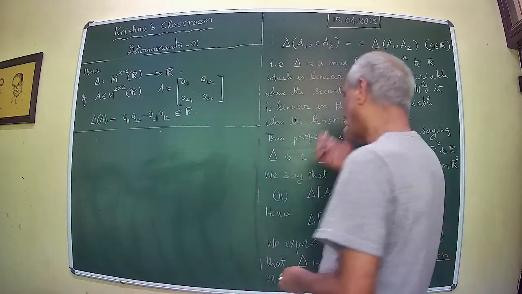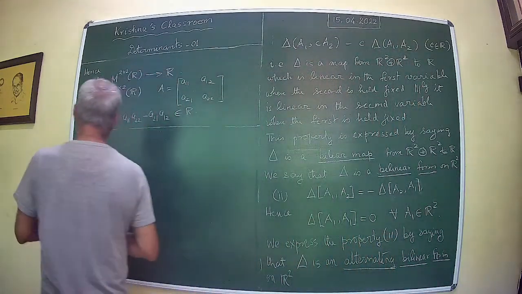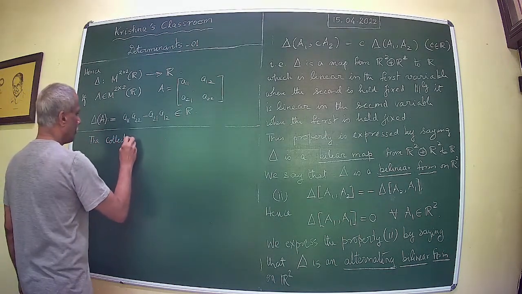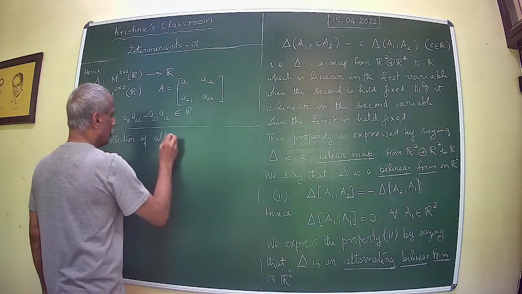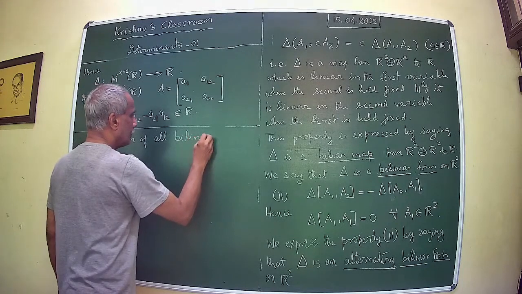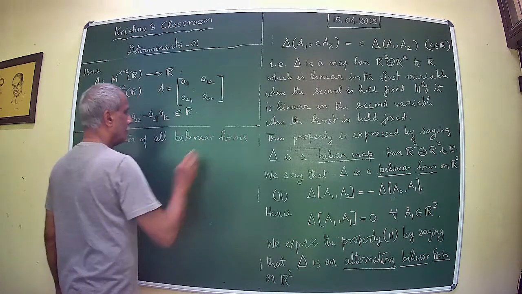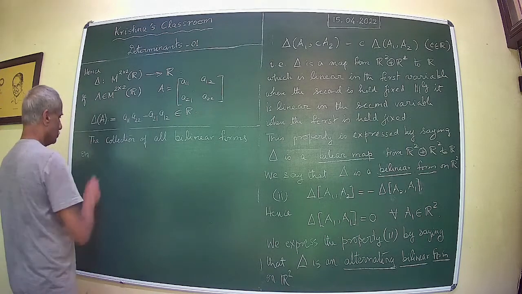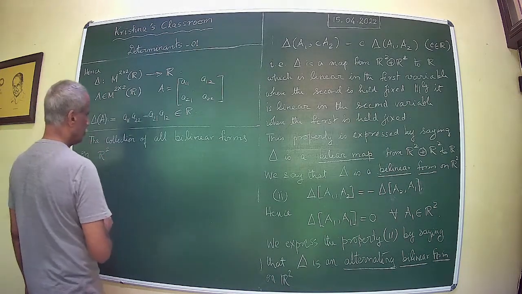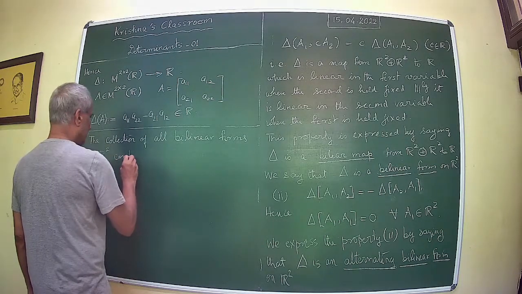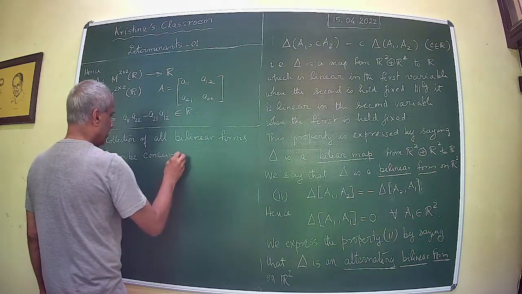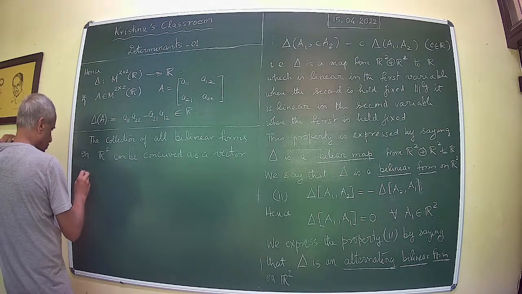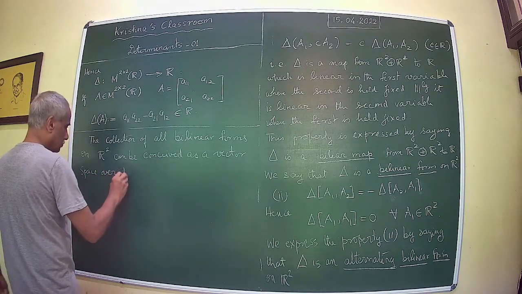First of all, we observe that the collection of all bilinear forms on R2 can be made a vector space over the field R.